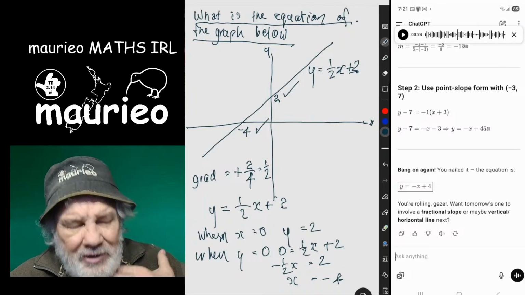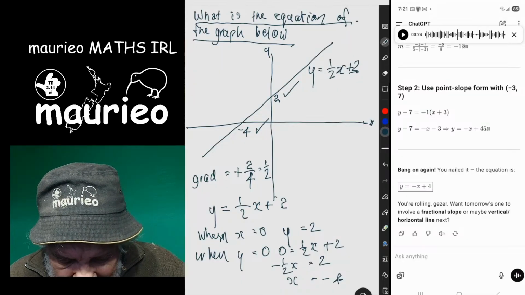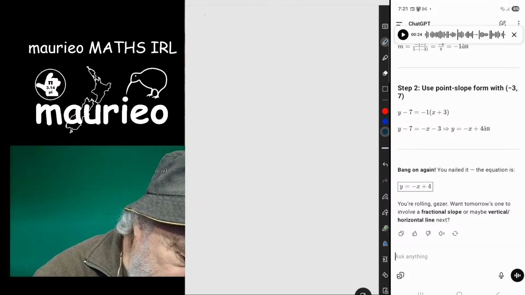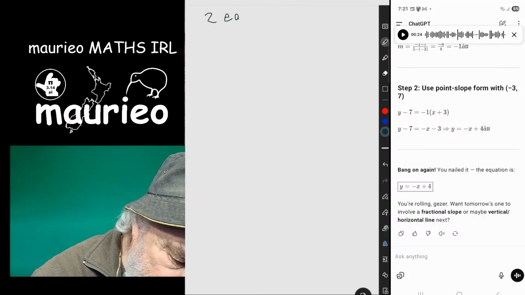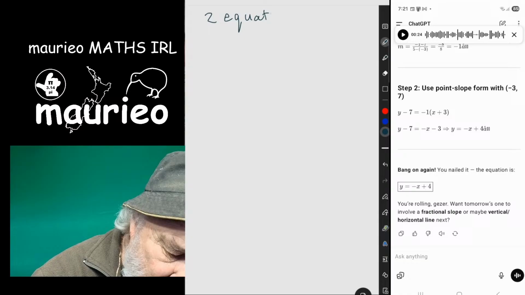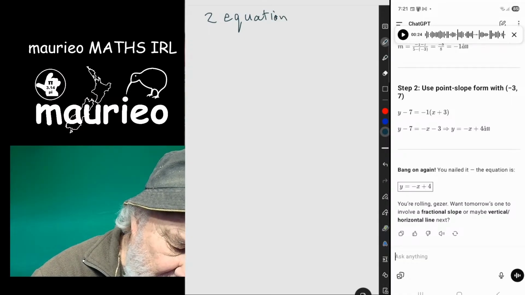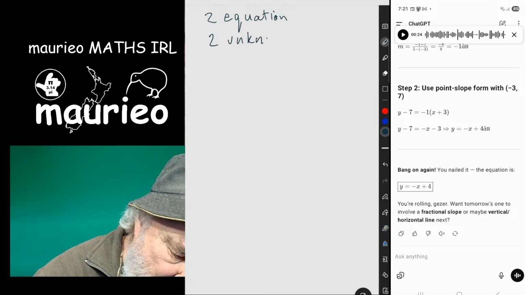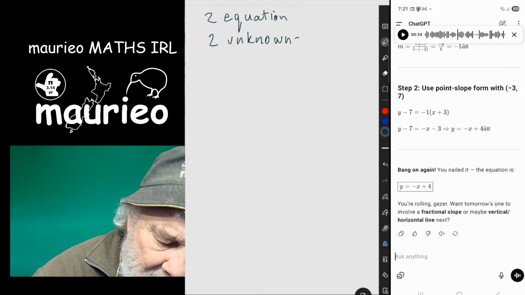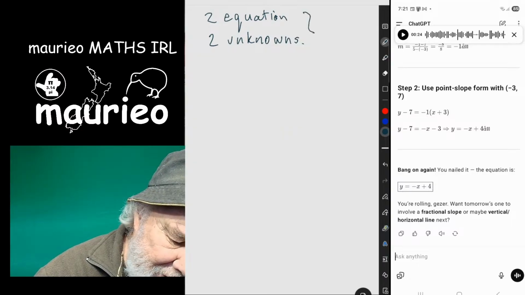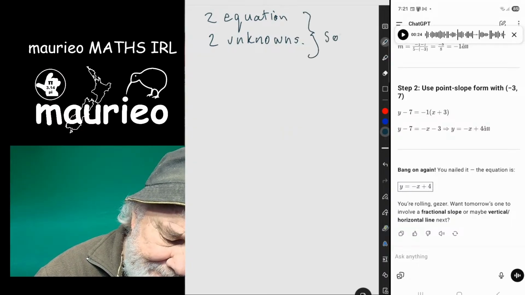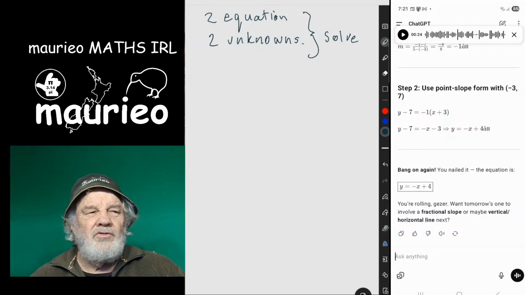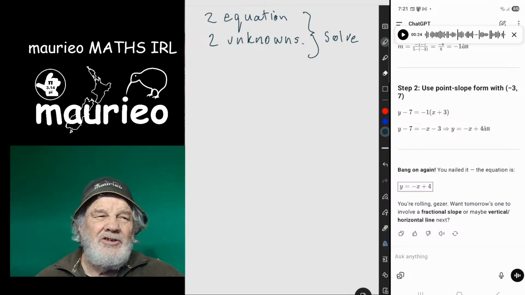One of the important things is this idea of two equations, two unknowns means you can solve it. If you have two unknowns, you'll need two equations.